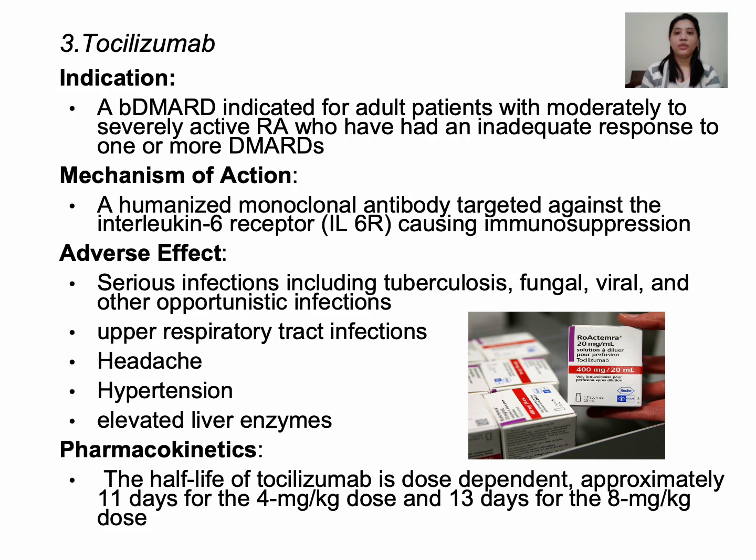Its adverse effects are serious infections including tuberculosis, fungal, viral, and other opportunistic infections, sometimes headache, hypertension, and even elevated liver enzymes. Its pharmacokinetics: the half-life of tocilizumab is dose-dependent, approximately 11 days for the 4 mg per kilogram dose and 13 days for the 8 mg per kilogram dose.